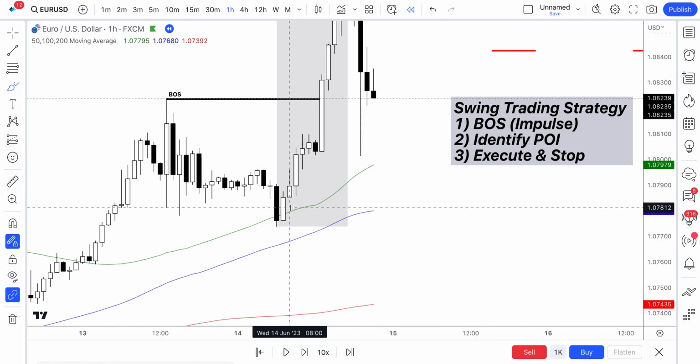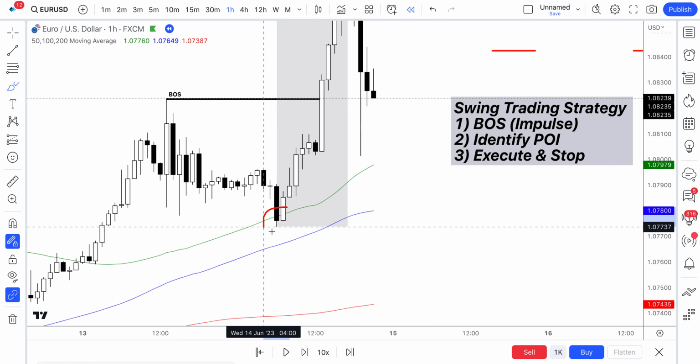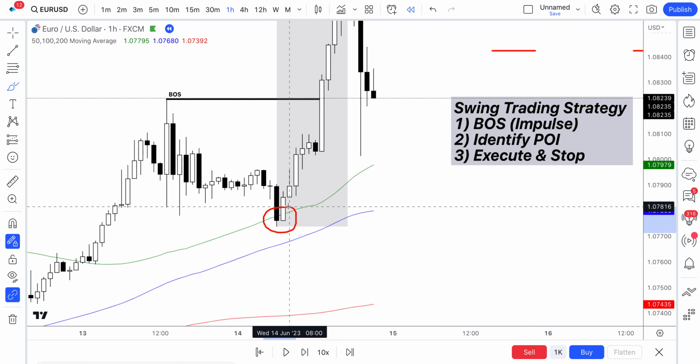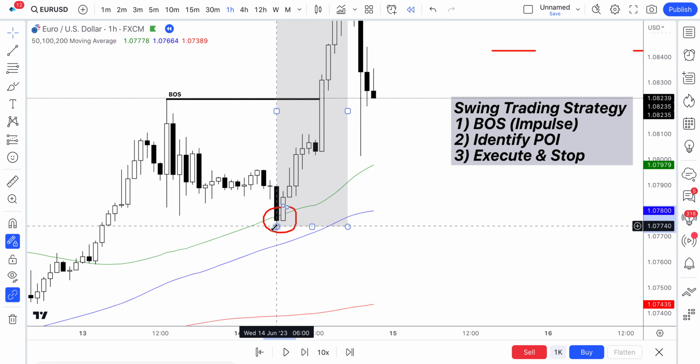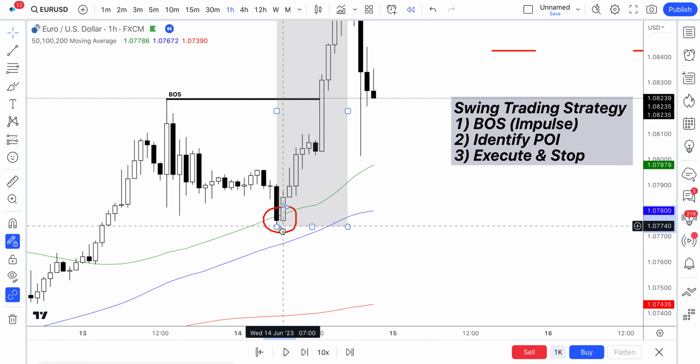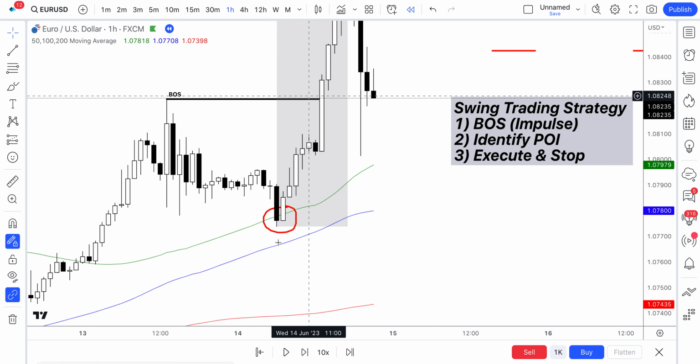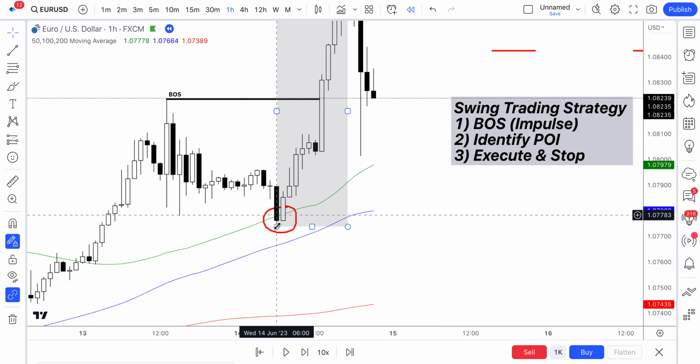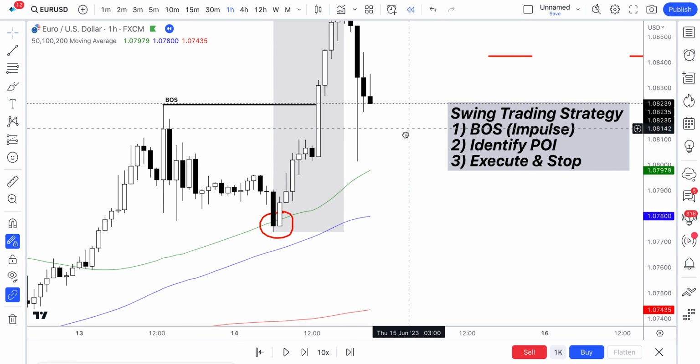Where did the institutions buy from? They bought from exactly this area here, which was just below the 50 moving average. You can see price just closed below, wicked below the moving average, and then pushed to the upside. It's not really a wick, but price just came below and then pushed to the upside.